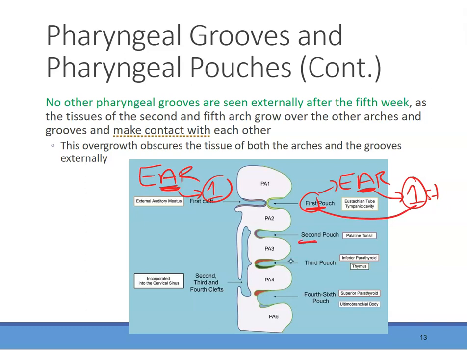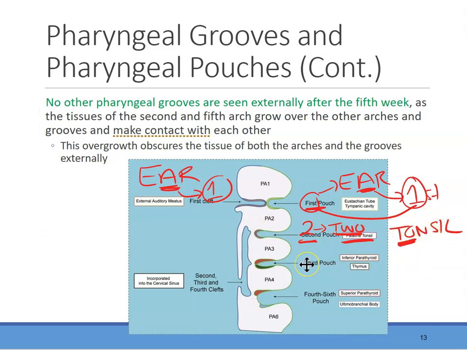The second pouch makes the palatine tonsil. I'm going to write down tonsil, and say this is the second pouch. So it's second for two, right? Two and T sound similar. It has the letter T for two. So the second pouch makes the tonsil.